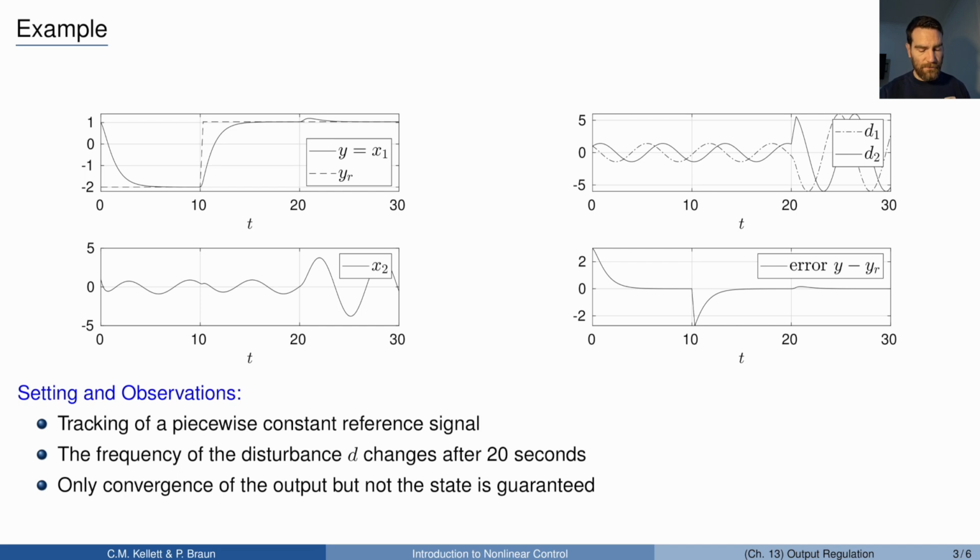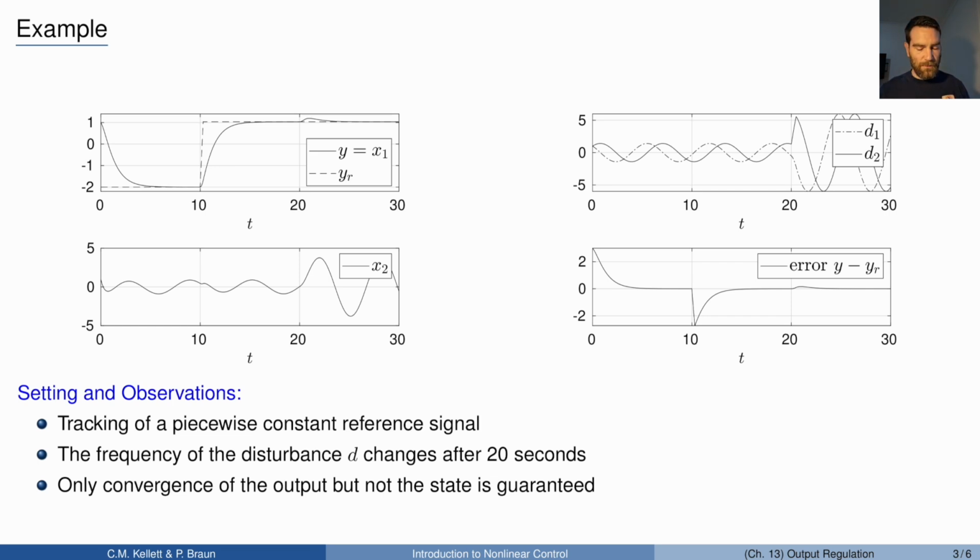We might have a disturbance signal with a particular frequency, here shown on the right, where we also show that the disturbance can change after a certain time. So here the frequency changes after 20 seconds.